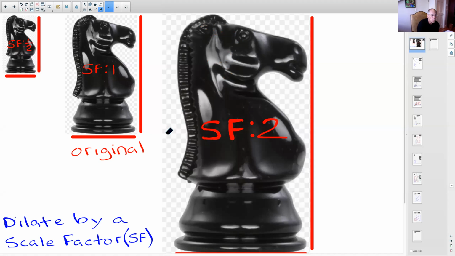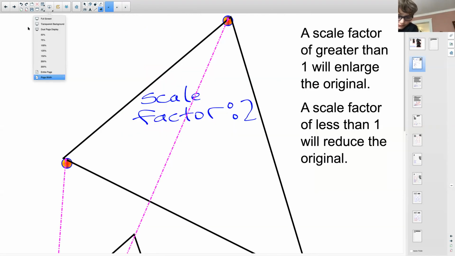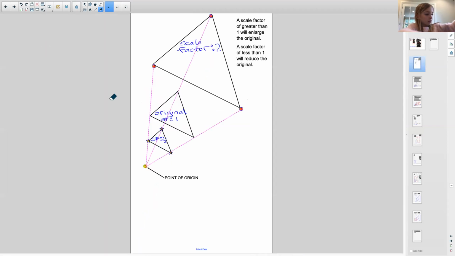Now, guys, are you ready? I'm going to show you what a 1/2 scale factor looks like. When we take this original right here and we want to make it a scale factor of 1/2, we actually go half the distance to the origin.